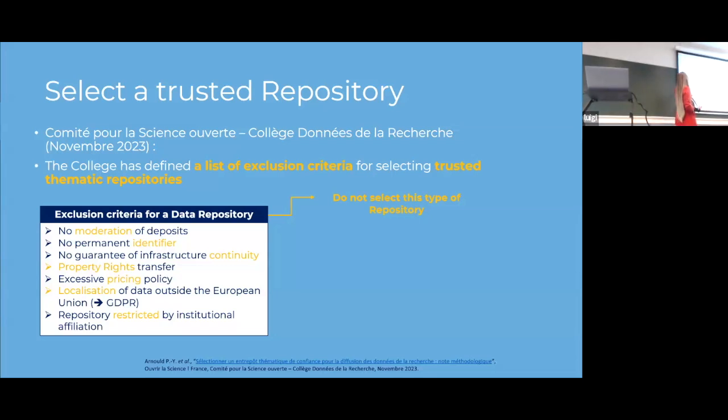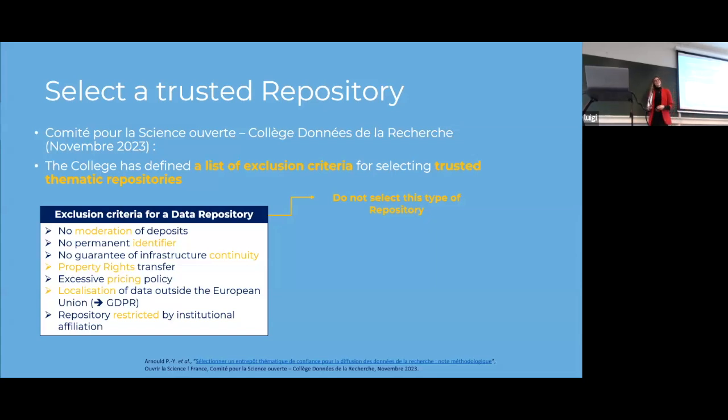If you have no guarantee of the continuity of the infrastructure, the accessibility principle in FAIR implies that data are available in a sustainable way. So it's important to have an infrastructure with continuity. You also have to check the property right transfer.